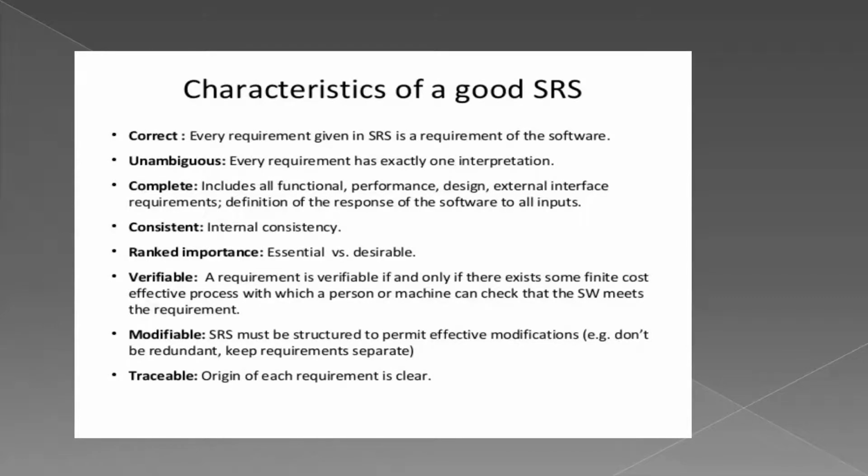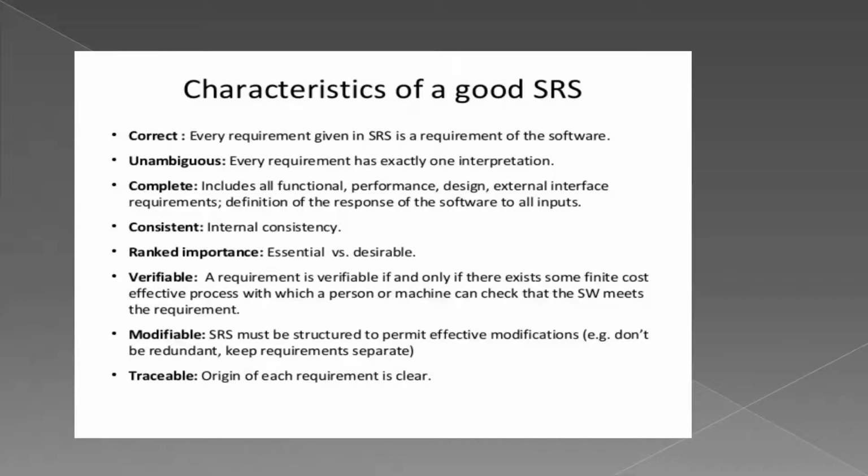So verifiable means verifying how much percentage of the customer requirements is fulfilled, how much manpower is needed, and what machine power you want to know. So all the finite cost effectiveness is verified, so that is verifiable.